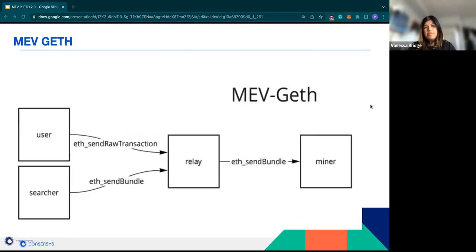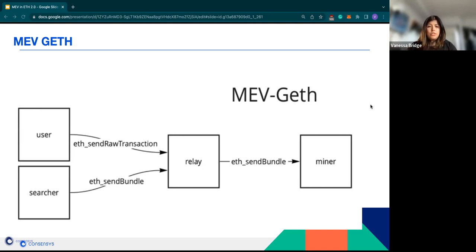So basically MEV Geth is the idea that we have these priority gas auctions and we're going to extract them off chain, just so that, as you saw in the graph before, you're not overpaying and sending the transactions over and over again, but rather you send it to a relay, to another party that you're going to have to have some trust that will include your transactions. That way there's not all this leakage of information and also leakage of funds for the transactions.